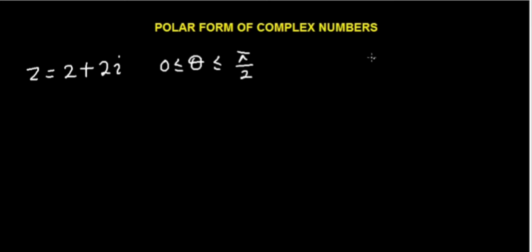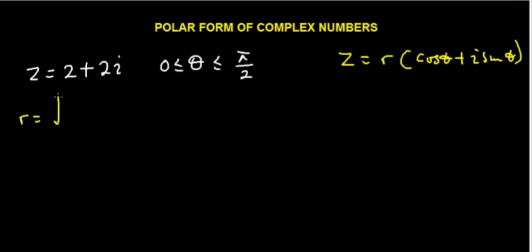So what you need to do is satisfy this representation, z equals r cos theta plus i sin theta. In that case, my r is equal to the root of 2 squared plus 2 squared. That will be 4 plus 4, and that is 8.